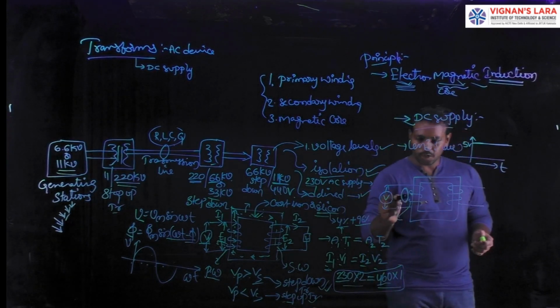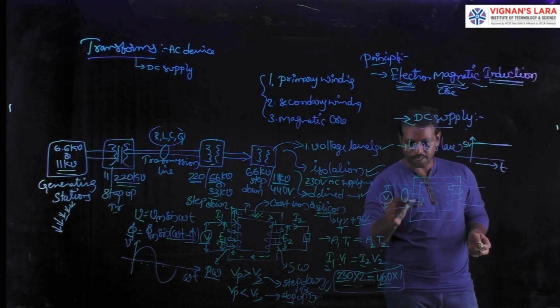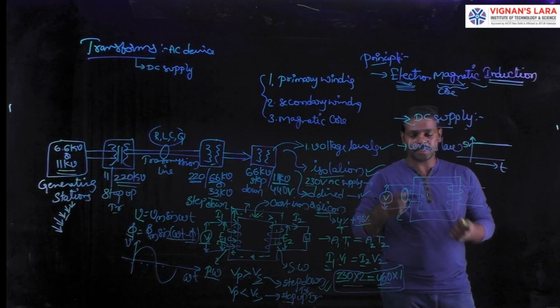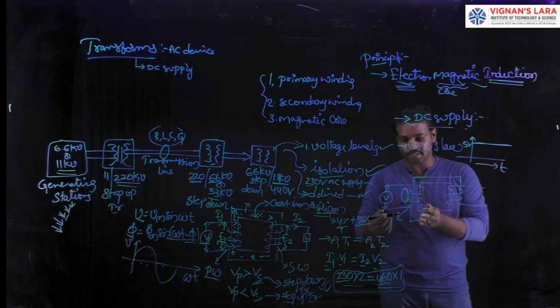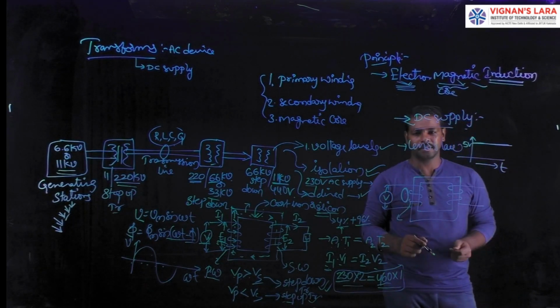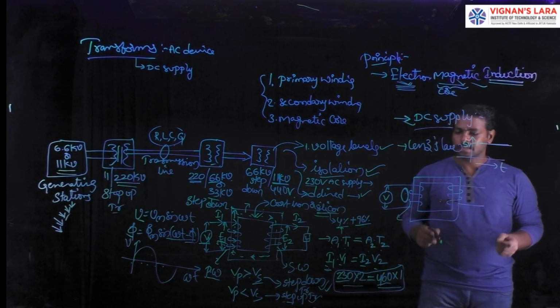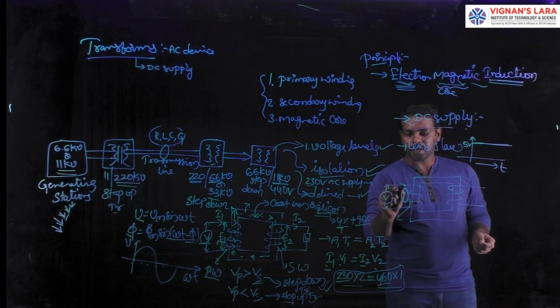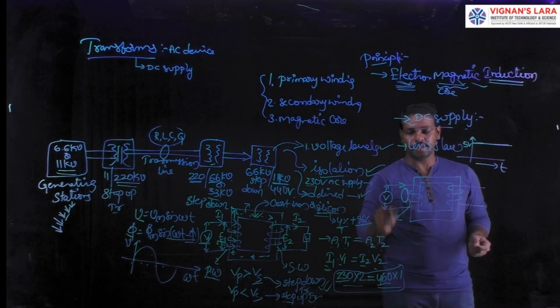So no voltage is developed in the primary winding. That means self-induced EMF does not exist in the primary, but the resistance is very small, such that more current is drawn from the supply.